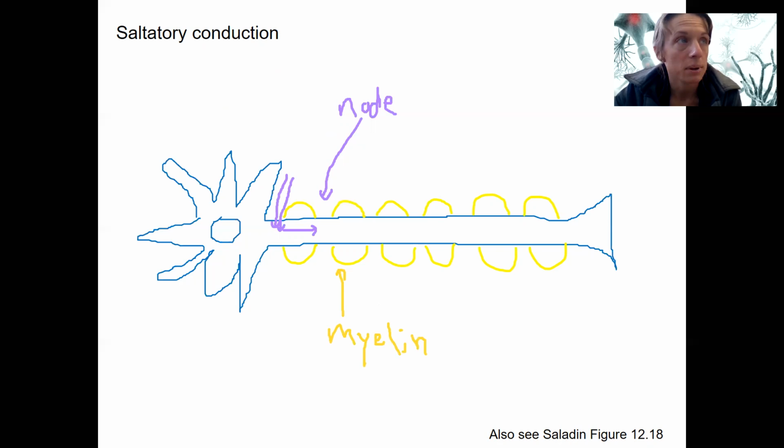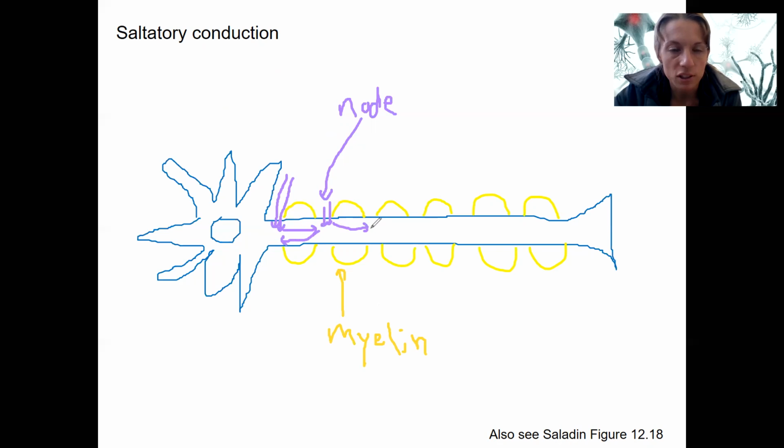So the myelin being there allows, okay, when this sodium gets here, what happens? It opens voltage-gated sodium channels. Sodium flows in here, diffuses both directions. This way though, doesn't matter because these channels are inactivated.